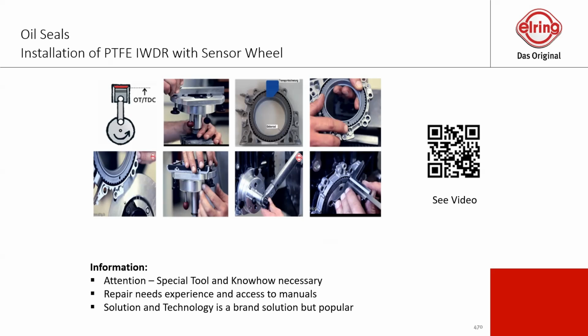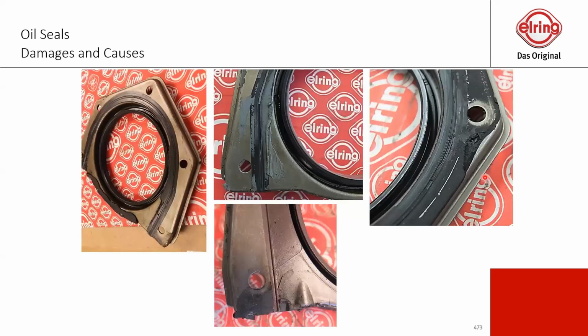Some other very important information: if you have oil seals without housing, which is nowadays more and more common, they also have some elastomer sealing lips outside. And this elastomer sealing lip, as you see here, does the job by itself.